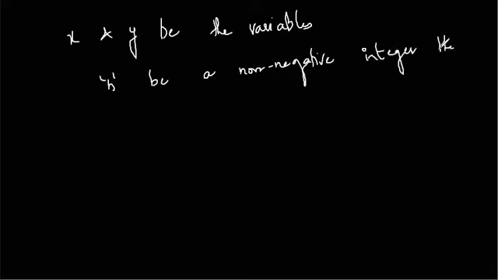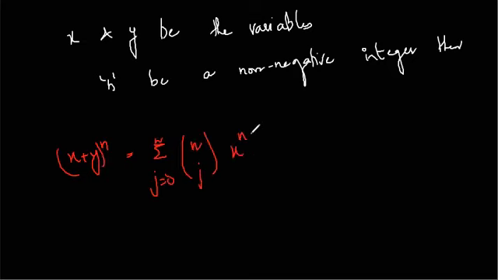Then we define (x plus y) whole power n as the sum from j equals 0 to n of nCj, or (n j), x power n minus j, and y power j. So this is your binomial theorem.